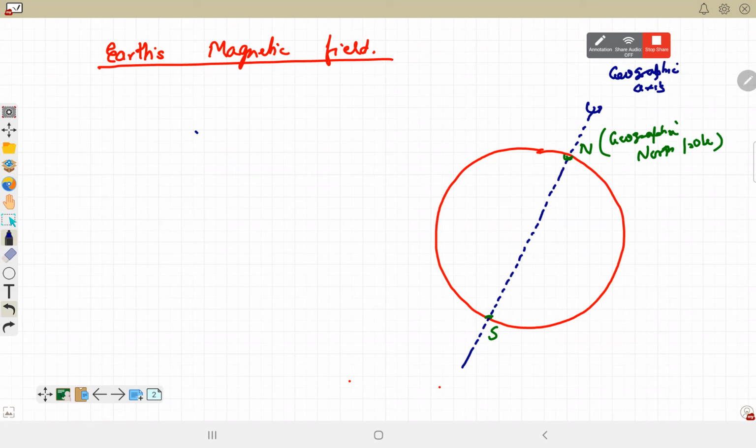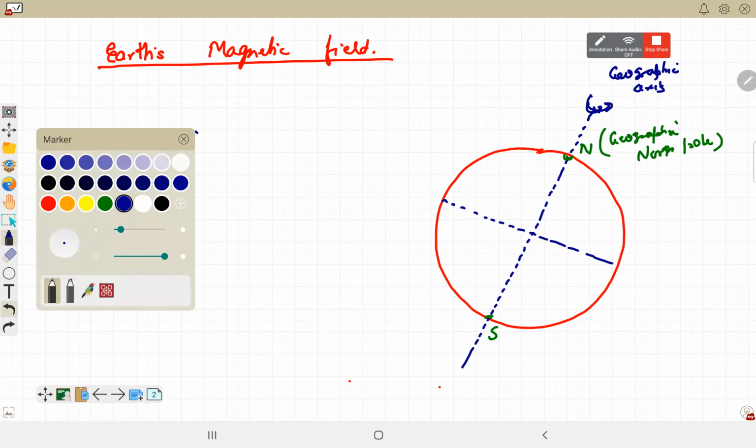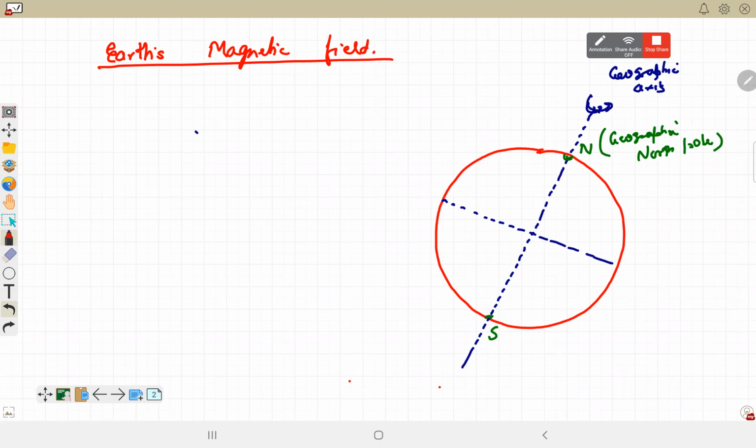Because of the rotation of Earth, perpendicular to it there is an equator. From west to east, electrons are moving. Electrons will start rotating from west to east. Current will be from east to west.